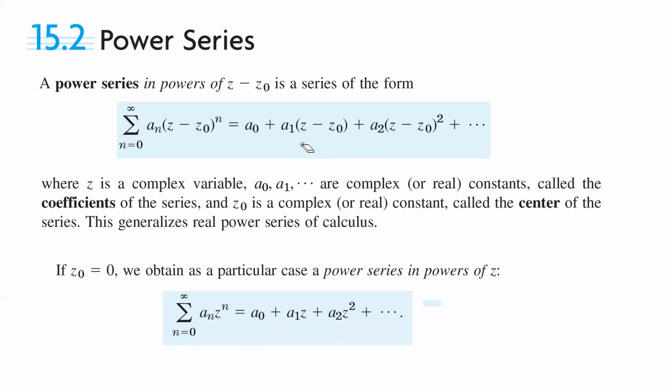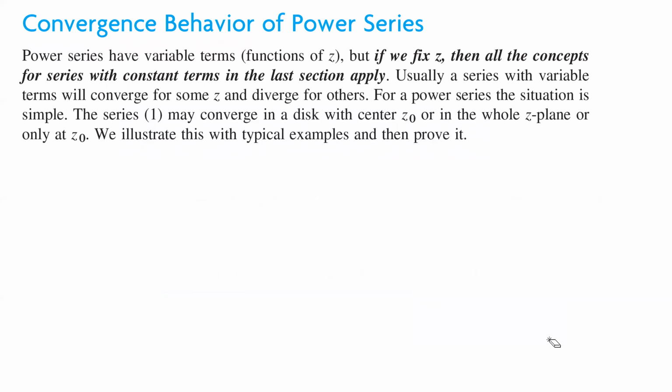It is a function of Z. But if we fix Z, then all the concepts for series with constant terms in the last section apply. Usually a series with variable terms will converge for some Z and diverge for others.